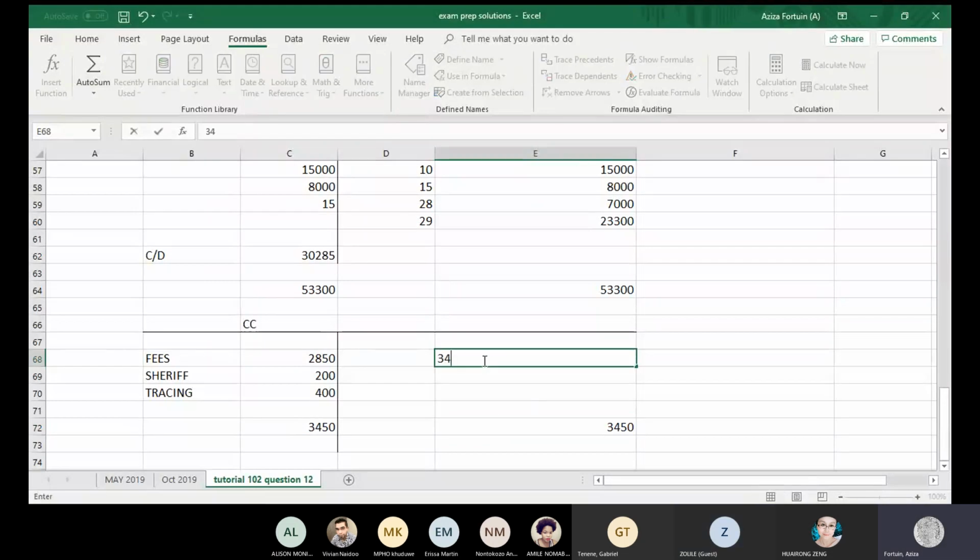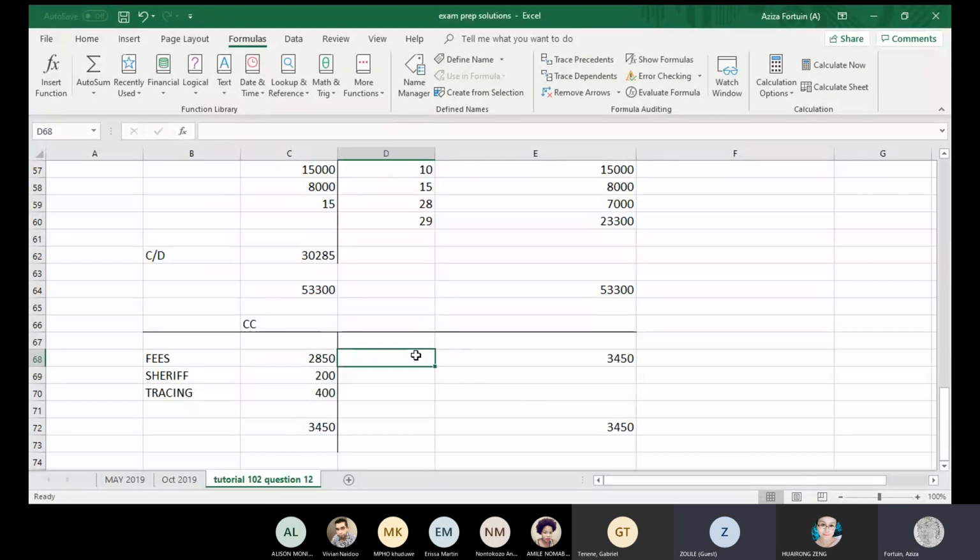So the 3450 has to go to my trust creditors control account.